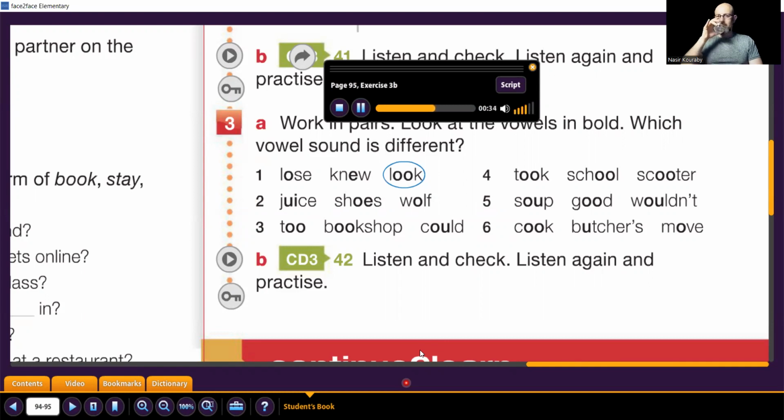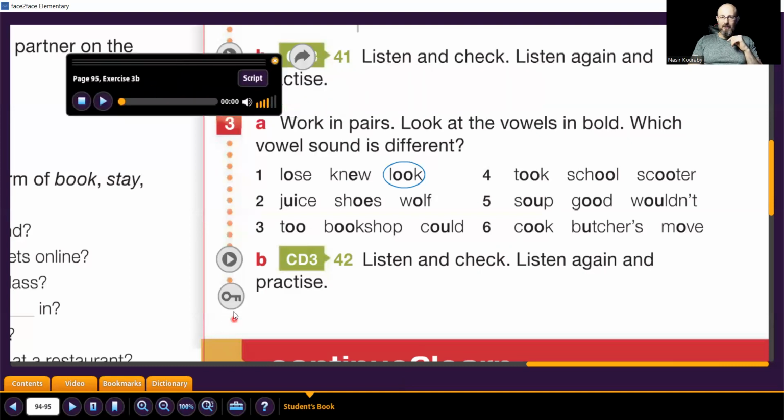Took, school, scooter. 5. soup, good, wouldn't, 6. Cook, butchers, move.